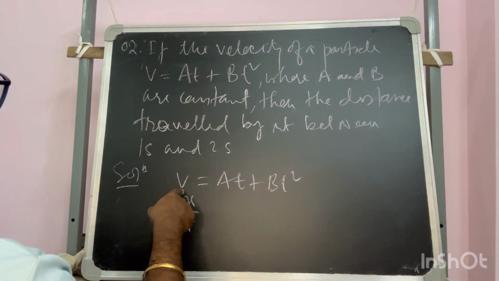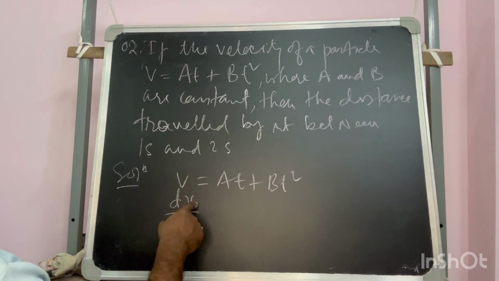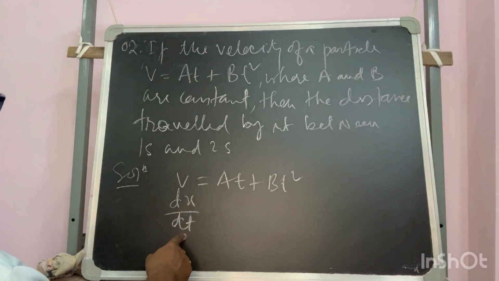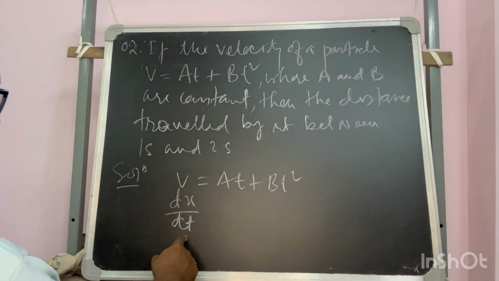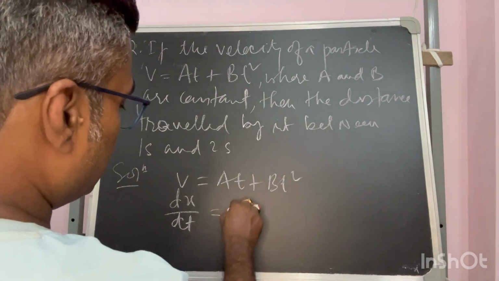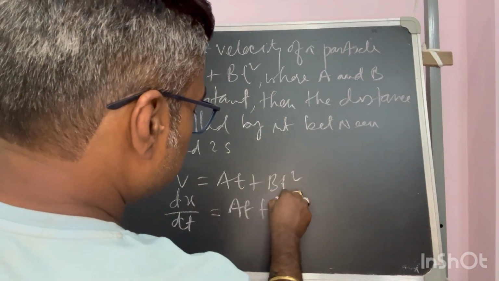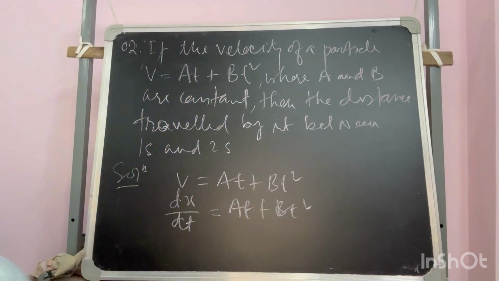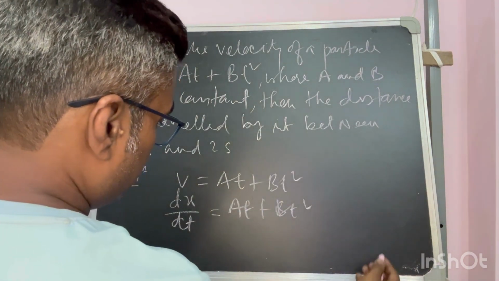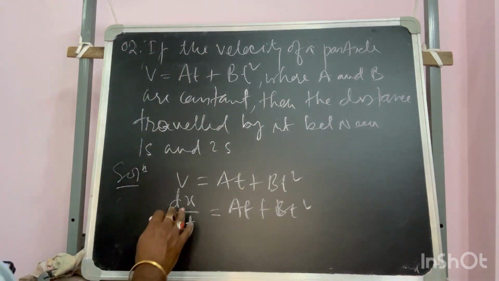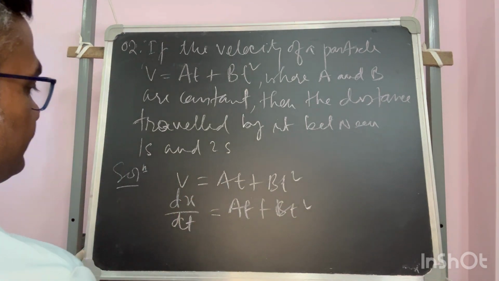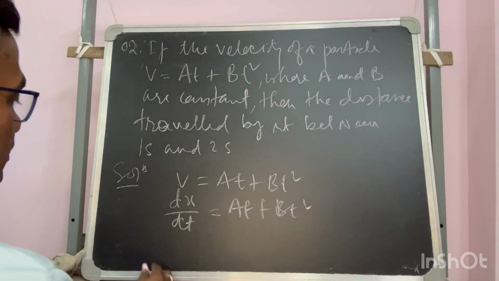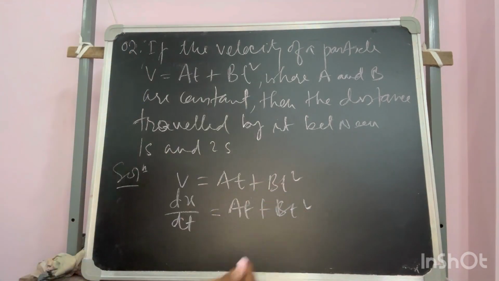That means velocity is the change in displacement with respect to change in time, that is, the differentiation of displacement against time. V is given by at plus bt square. From there I have to establish the equation of displacement. Now this can be done by the process of the reverse of differentiation.